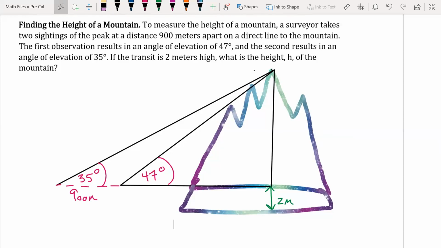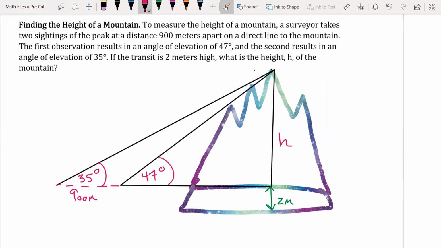So we're starting at the base of the mountain to the transit, which is 2 meters. And that first sighting was at 47 and that second was at 35. And all we want to do now is find the height of the mountain. So we're going to look for this, H.